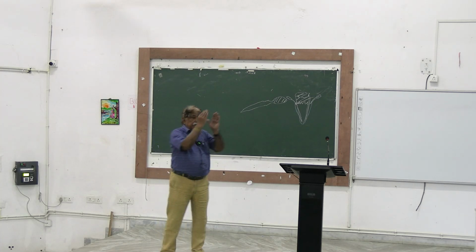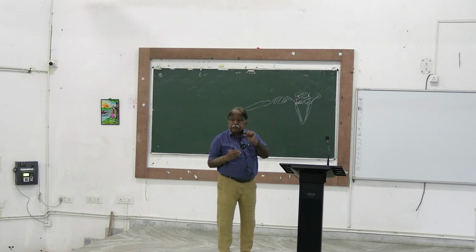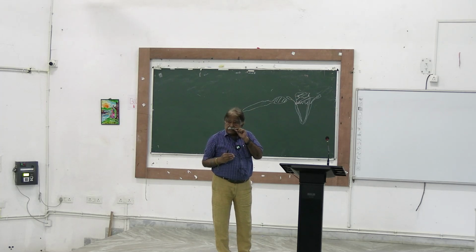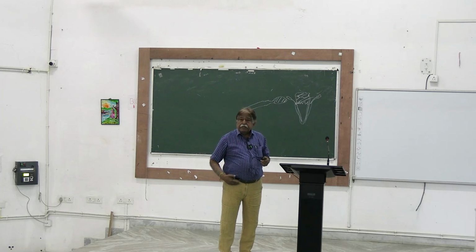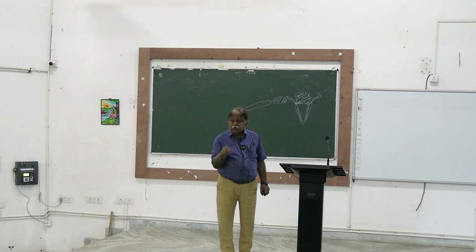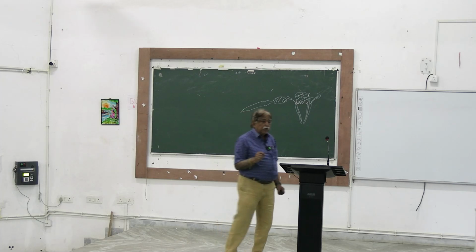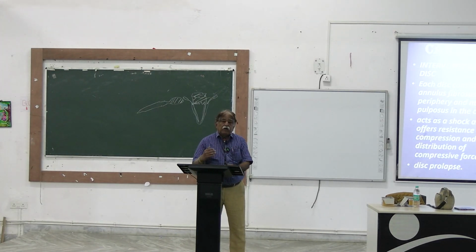Then you can see the image and also the disc prolapse, how much it is prolapsed. Accordingly, the compression is there, then neurological manifestation due to the compression of the prolapsed intervertebral disc, and accordingly you have to give your treatment management.